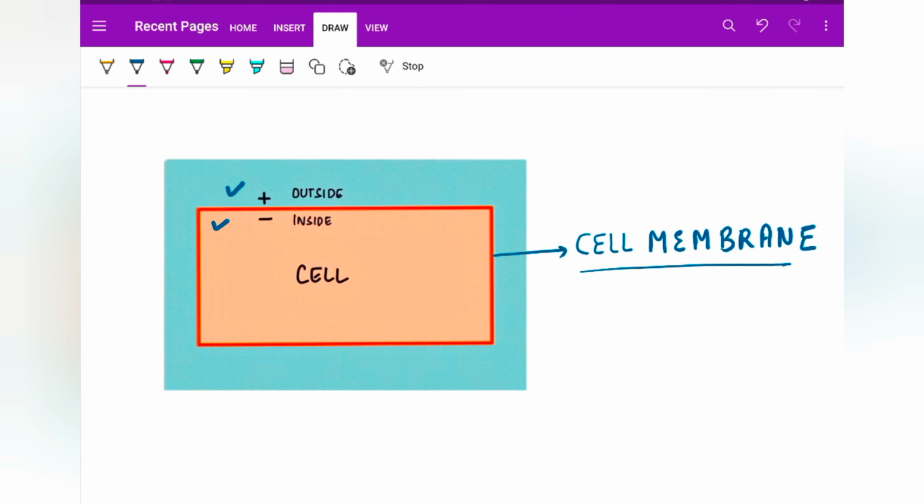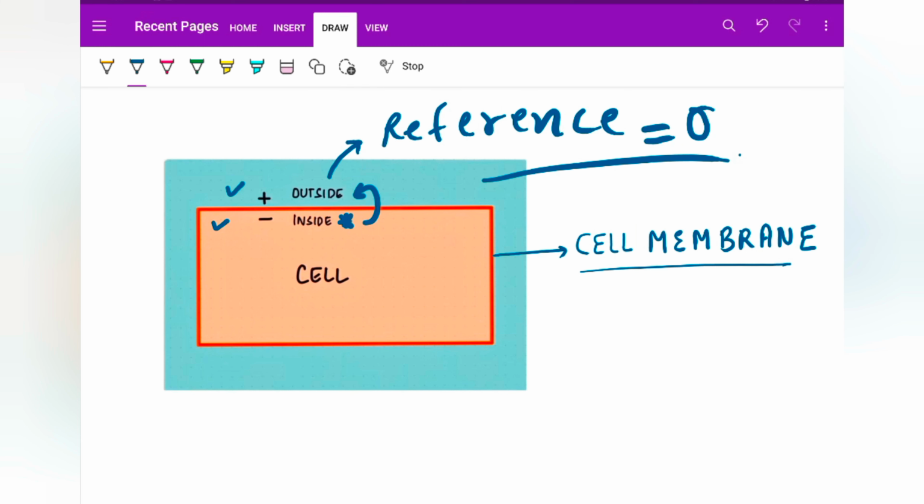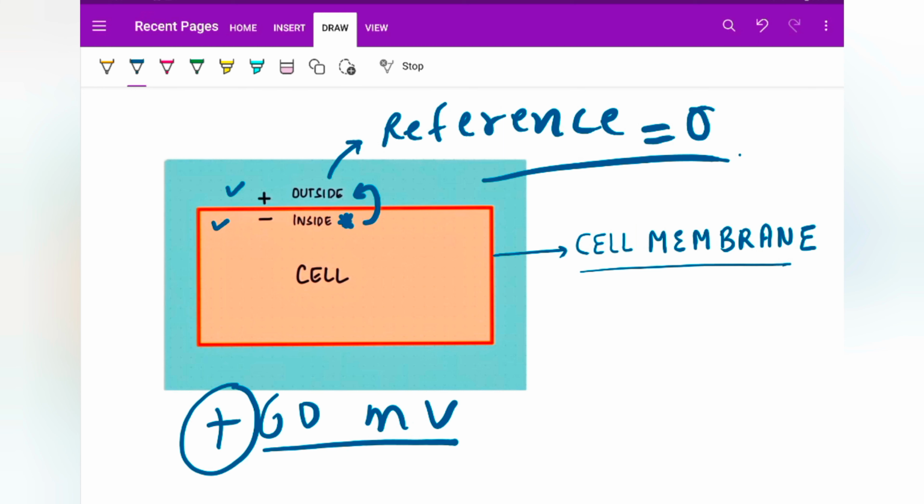So the outside is used as a reference and we assume it as 0. Whatever number we talk about is on the inside. Let's suppose we say plus 60 millivolt. Then plus indicates that the inside of the membrane is positive, and this numeric value is the potential difference between the inside versus outside.